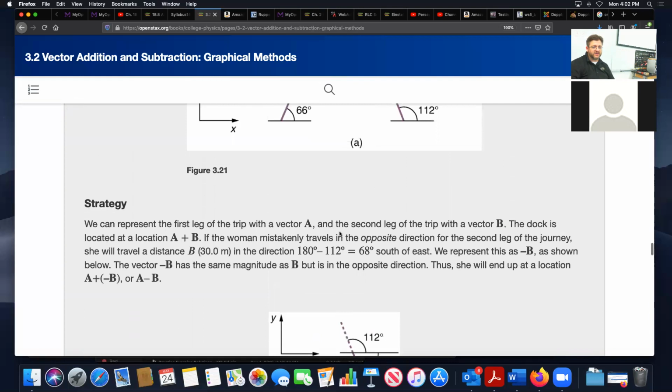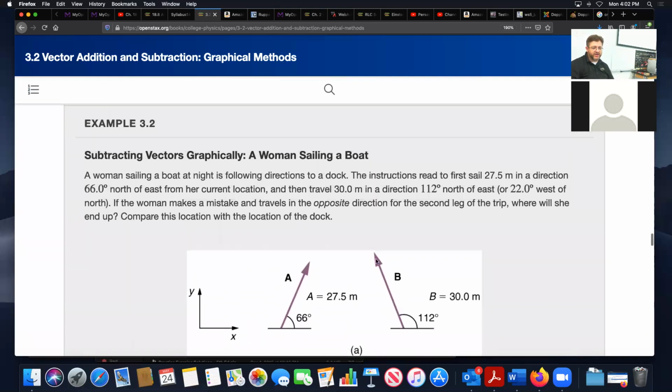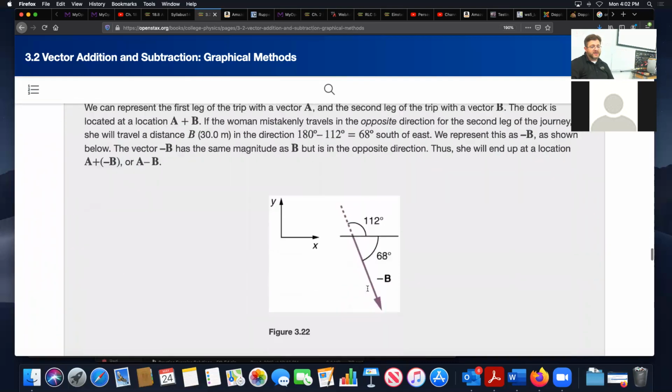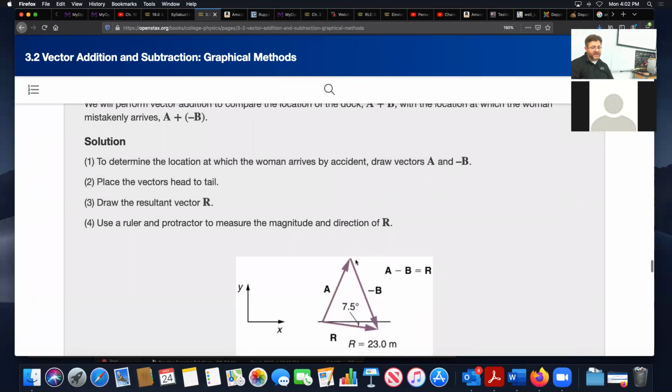If this is your A vector here and this is your B vector here, and you're subtracting the two, then you can just draw the negative B vector and add it instead. So you're still doing the head to tail method here.